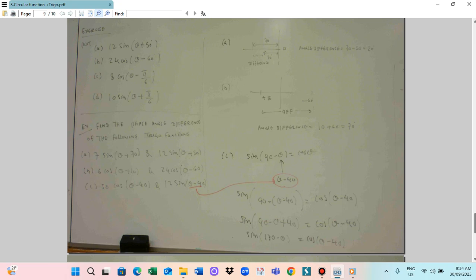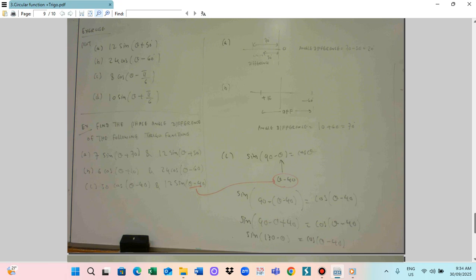So now, instead of the theta, we can substitute theta minus 40. So that will be sine 90 minus theta minus 40 is equal to cos theta minus 40.